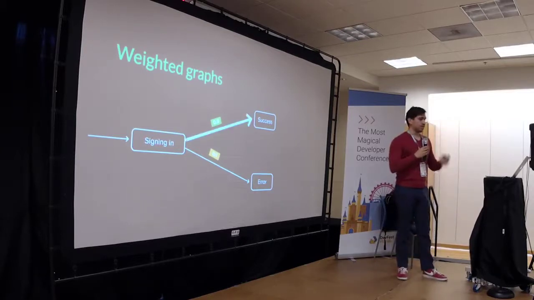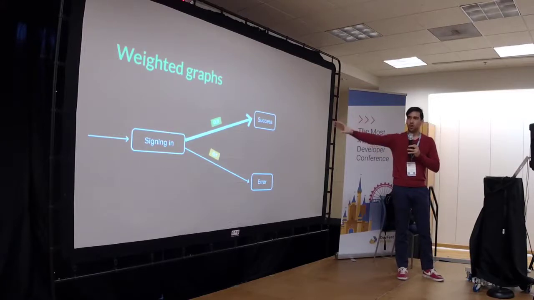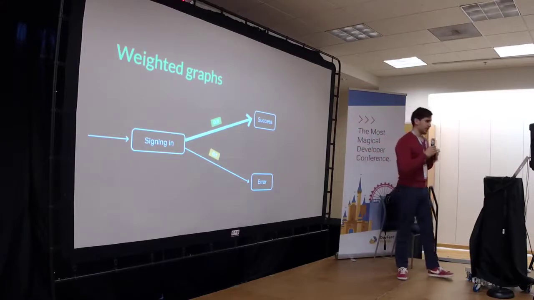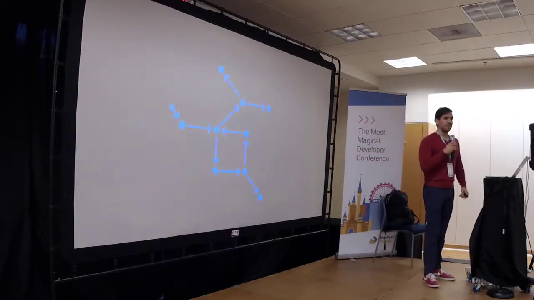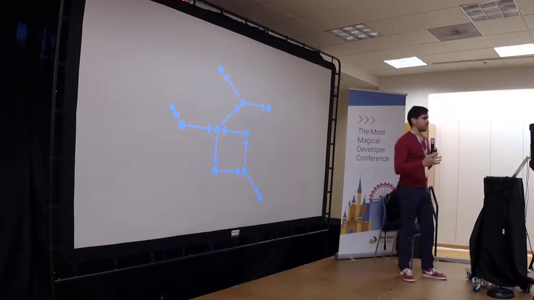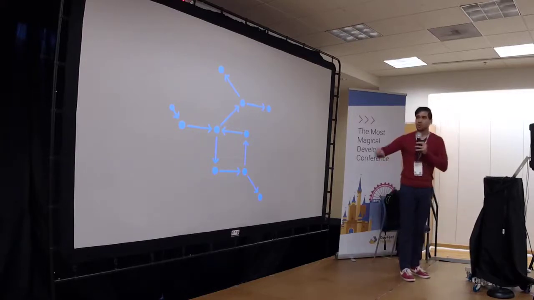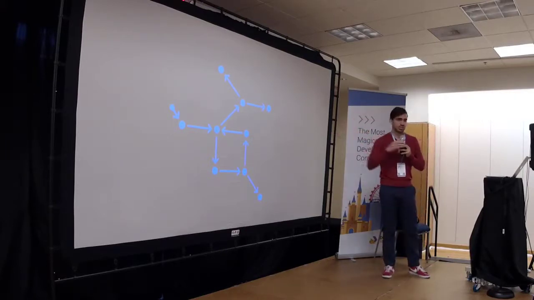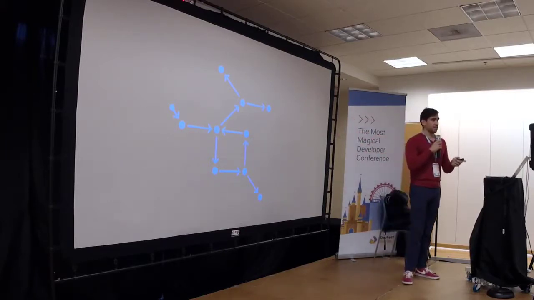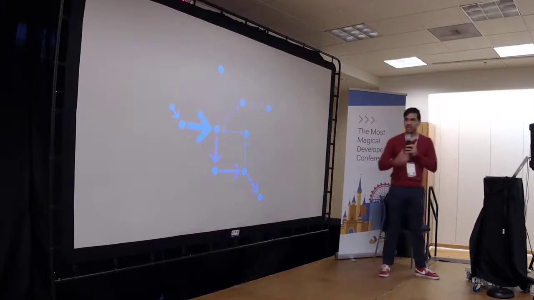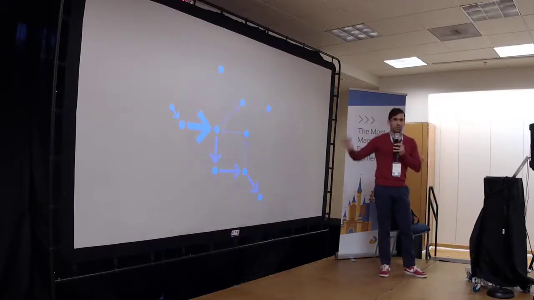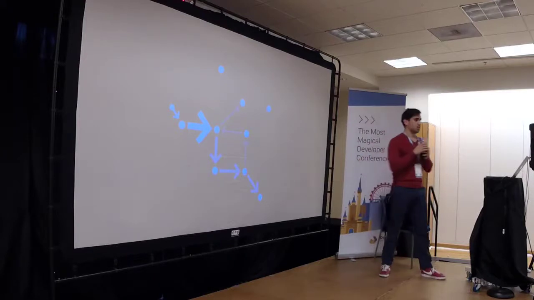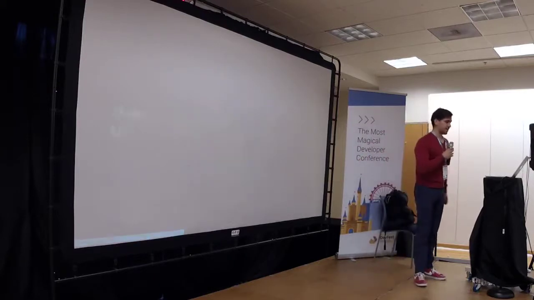And so we could have what's called a weighted graph in which one edge has more weight than the other edge. This is an important realization in designing your UIs, because you might think of your UIs now as a collection of states and transitions. However, the reality is when your users use it, it looks a lot different. It looks like there are paths that are traversed more by your users than other paths.